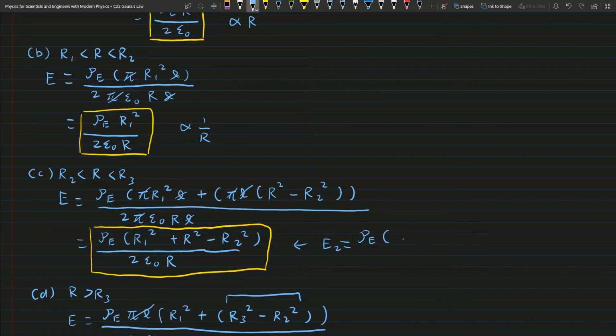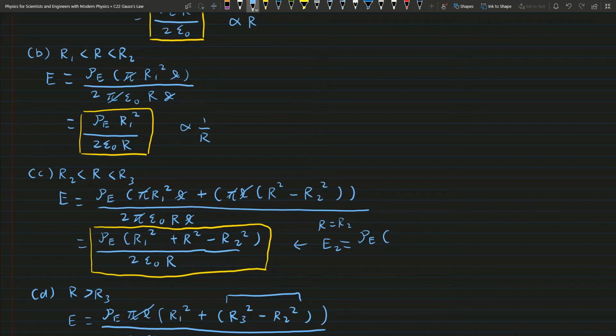Now we know that this corresponds to the R2, right? So we make this R equal to R2 in this formula. You can see we square this R, which makes this R2 square. R2 square minus R2 square, you will get 0 at this part.